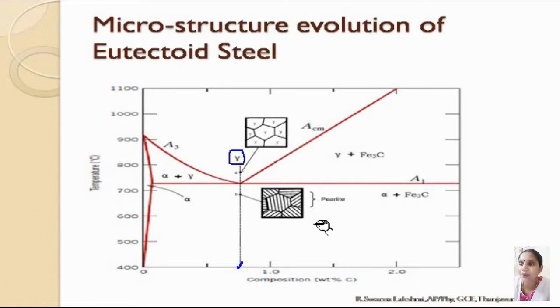The alternate plate-like structure, a lamellar structure so formed, is given the name pearlite. It's a combination of alpha plus Fe3C with this morphology.